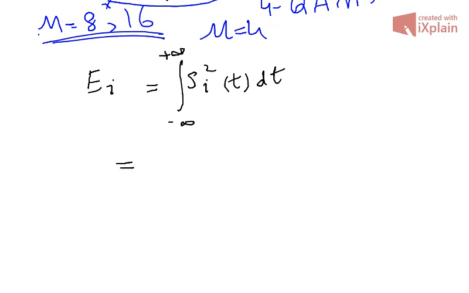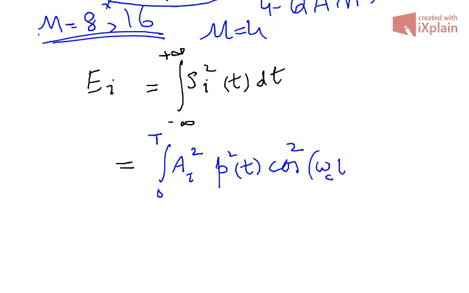So let's substitute this value, and our signal is only present from 0 to T, so the limits change from 0 to capital T. If you integrate the square of the signal, which is A_i squared, p squared of t, and cos squared of omega_c t plus theta.